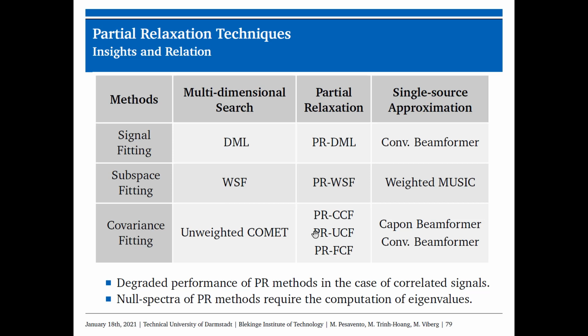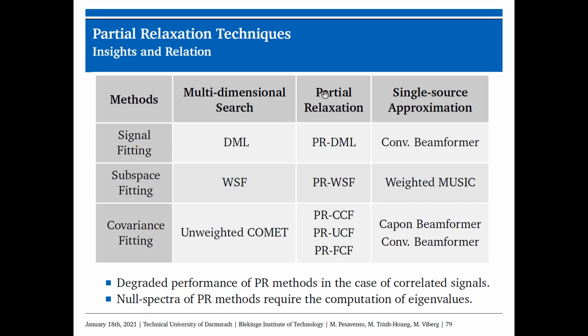Next, if we restrict the feasible set such that we consider only one source signal during the spectral search, then we come up with the third column here, where we obtain the conventional beamformer, Capon beamformer, and the class of MUSIC estimators. Note that we can obtain one DOA estimator from different criteria. For example, the conventional beamformer is the result of applying signal fitting with a single source approximation, or covariance fitting.